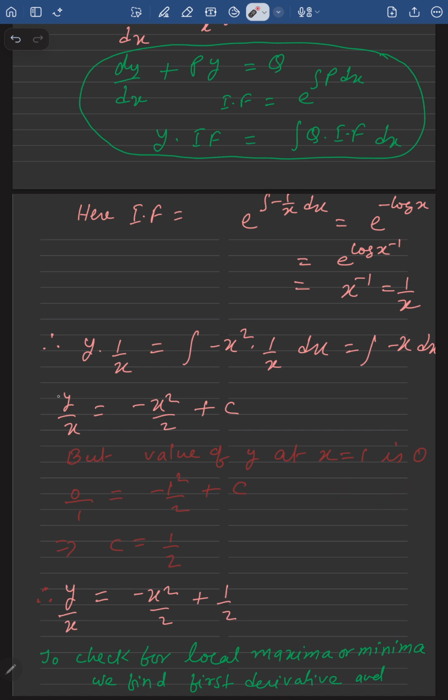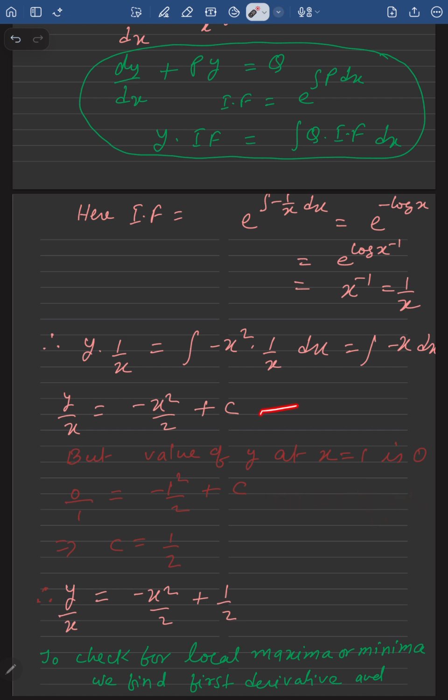When we put x equal to 1 then y is 0. So y is 0, x is 1, and minus 1 square upon 2 plus c. This gives minus 1 by 2 plus c equal to 0, so c is 1 by 2.